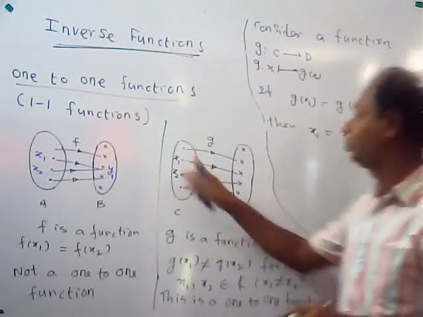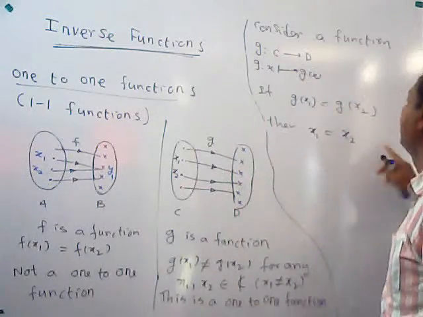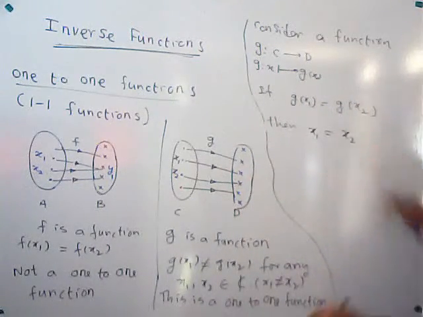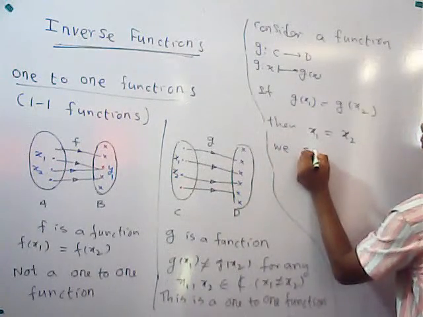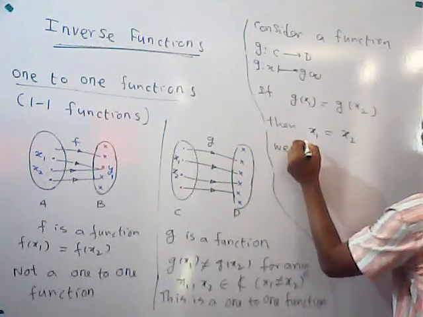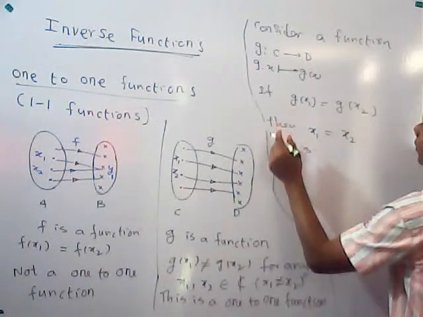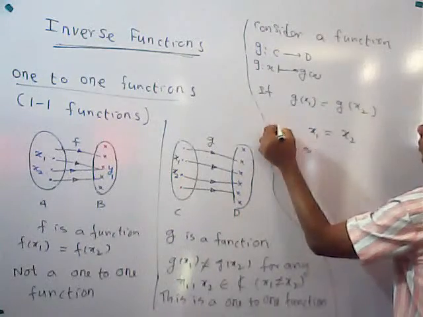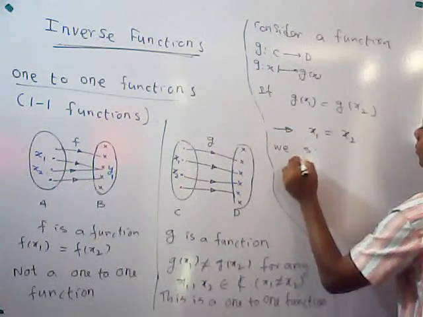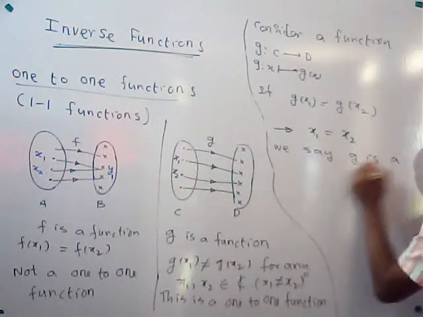Right? So no two distinct elements go to the same place. Under this condition, we say this implies x1 equals x2. We say g is a one-to-one function.